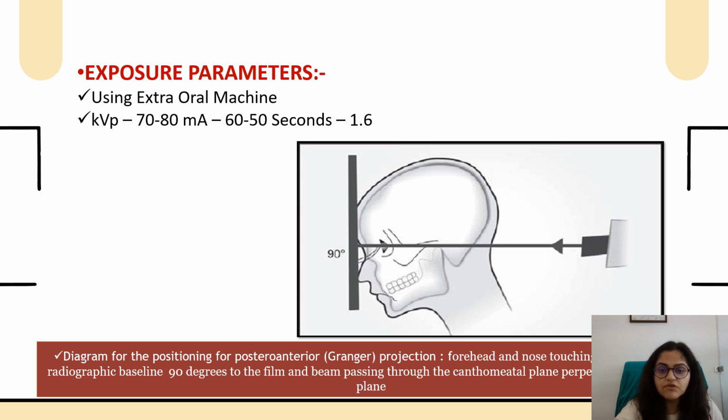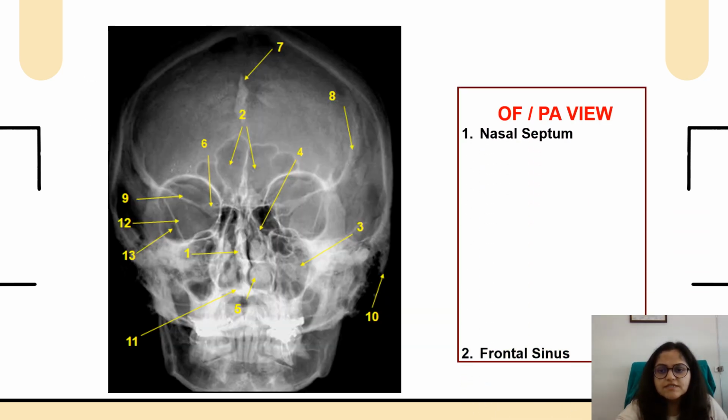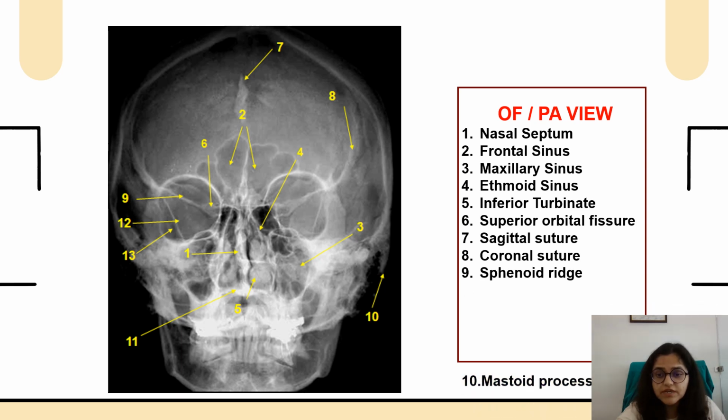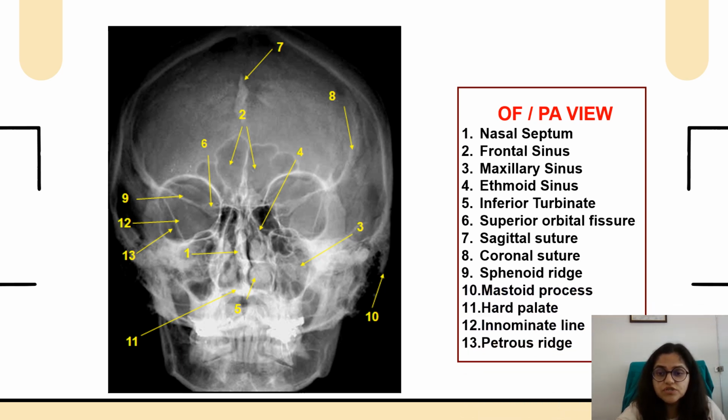Patient forehead and nose should touch the cassette, and the central ray is directed perpendicularly from the back of the skull. This is a PA view which we can see, showing the nasal septum, frontal sinus, maxillary sinus, ethmoidal sinus, inferior turbinates, superior orbital fissure, sagittal suture, coronal suture, sphenoidal ridge, mastoid process, hard palate, eminent lines and petrous ridge.